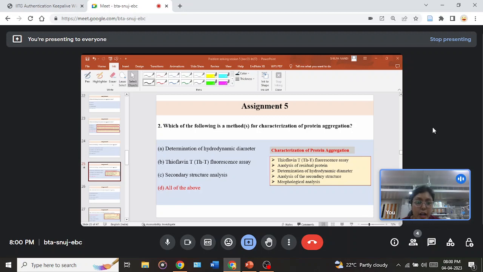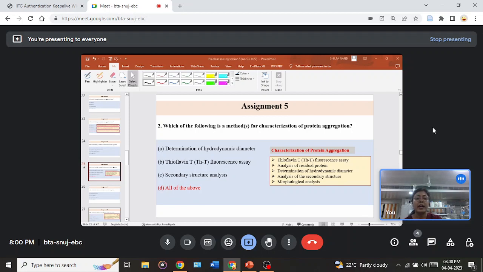Apart from that, we have morphological analysis. How can you determine the morphology of the aggregated protein? Using which instrument do we analyze the morphology of the aggregated protein? Do you have any idea? We discussed it during our lecture 15 recap, or I guess lecture 14 recap.